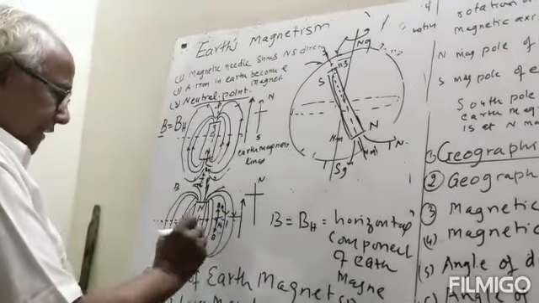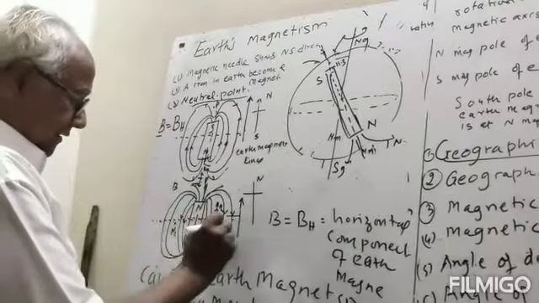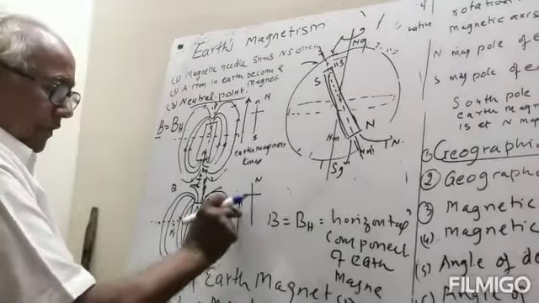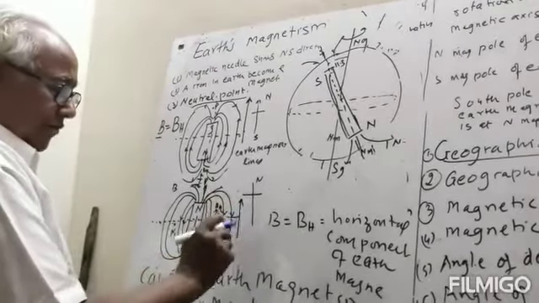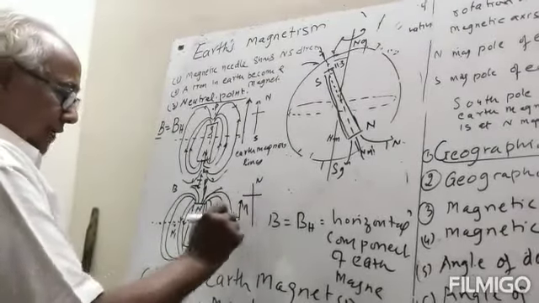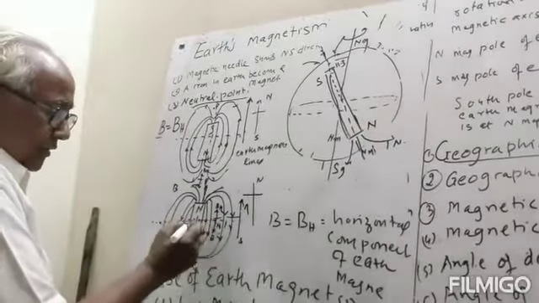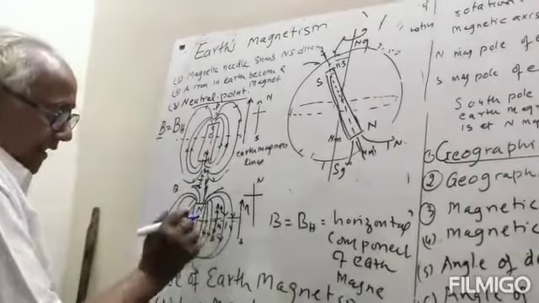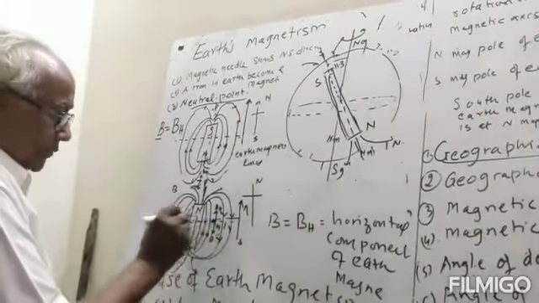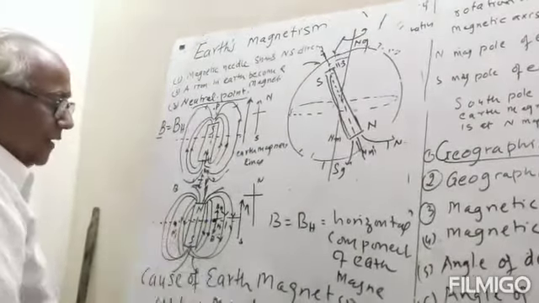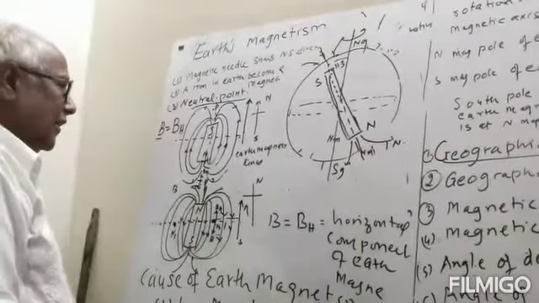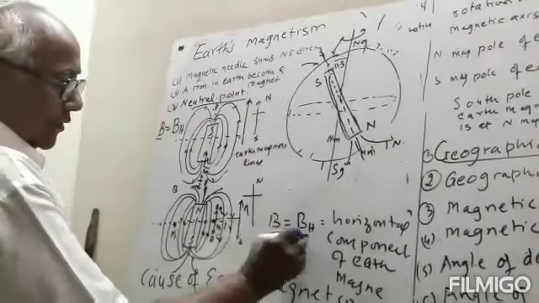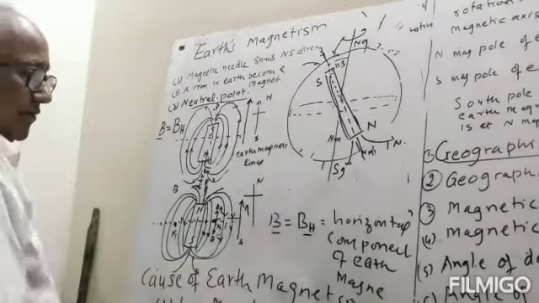And we see here the direction of these lines is opposite to the direction of the magnetic field due to the earth. The earth's magnetic field is from south to north, and they are opposite. So the neutral point will be on the equatorial plane, and at this point and this point, the magnetic field due to the earth will be equal to the magnetic field due to the magnet.